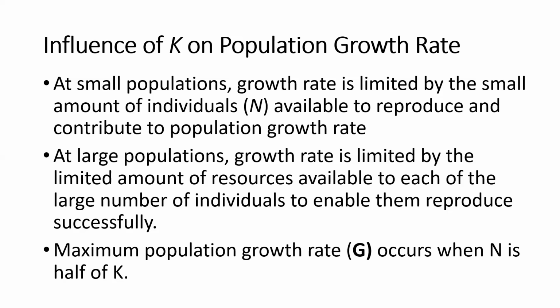We don't have many people to reproduce, but when it's big too, the resources are not there to sustain everyone. So the maximum population growth rate will happen when N is half of K.